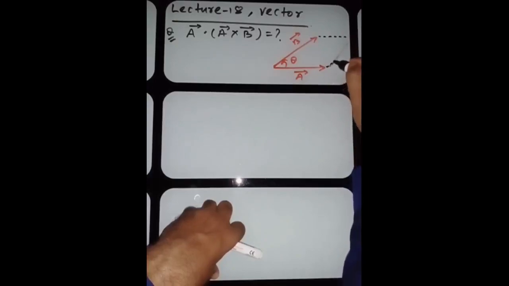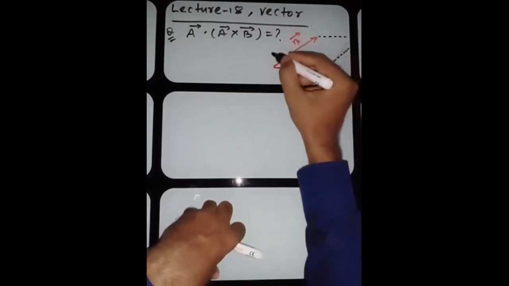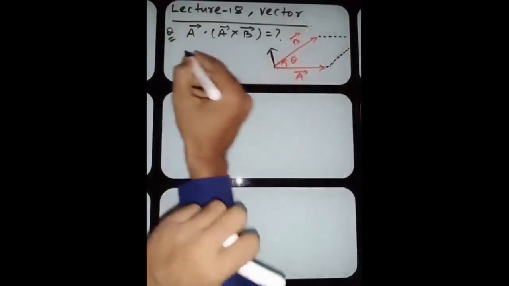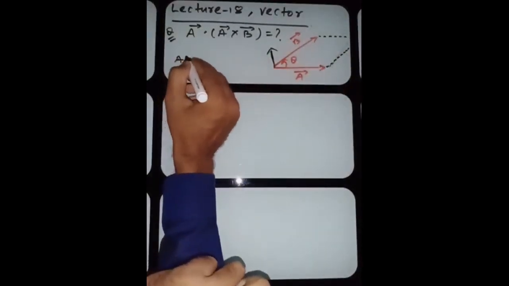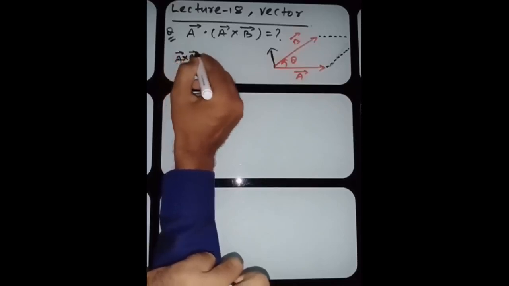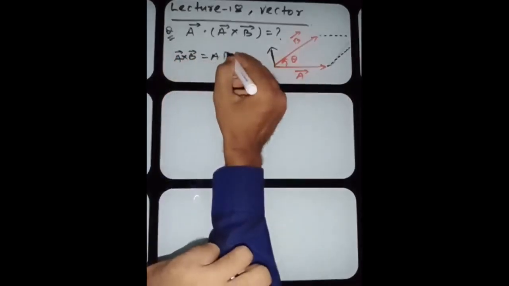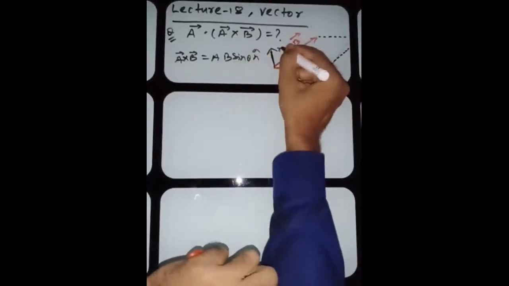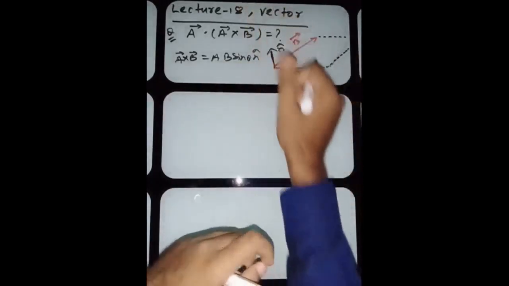Of course, if this is the plane of these two vectors, then A cross B will be in this direction. Here we will write A cross B is AB sine theta n cap, and this will be the direction of n cap, A cross B.